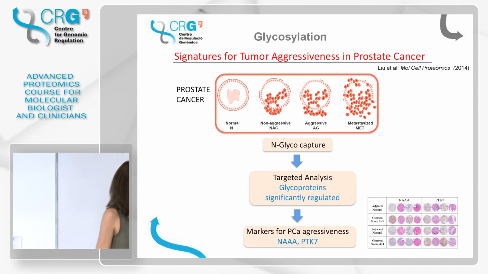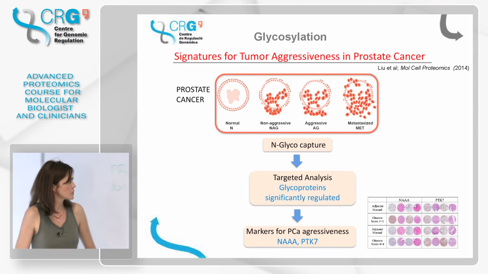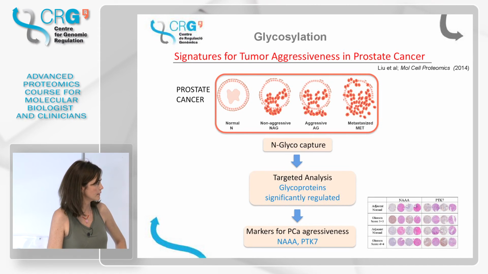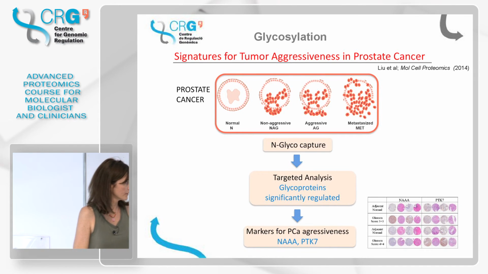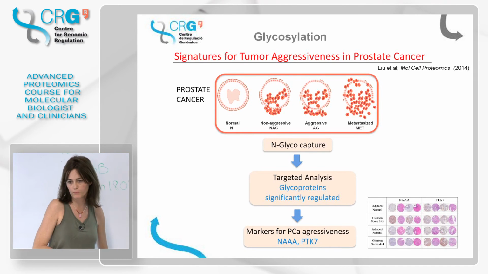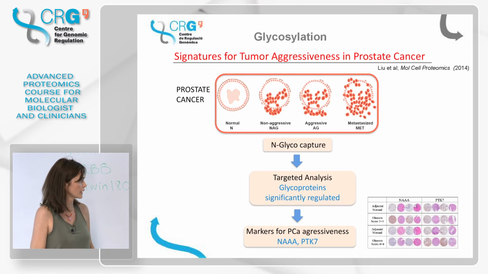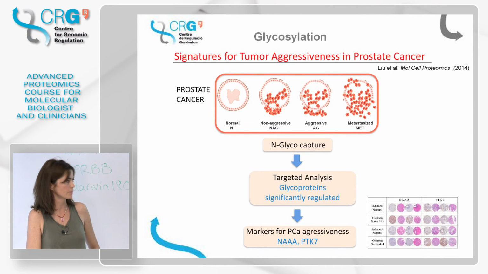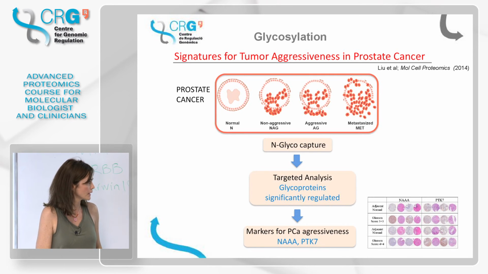So this is an example from the lab of Rudy Aebersold, in which they were looking for signatures for aggressiveness of prostate cancer, for which they took four different types of cells: from normal cells to non-aggressive tumor cells, aggressive tumor cells, and metastasized tumor cells.